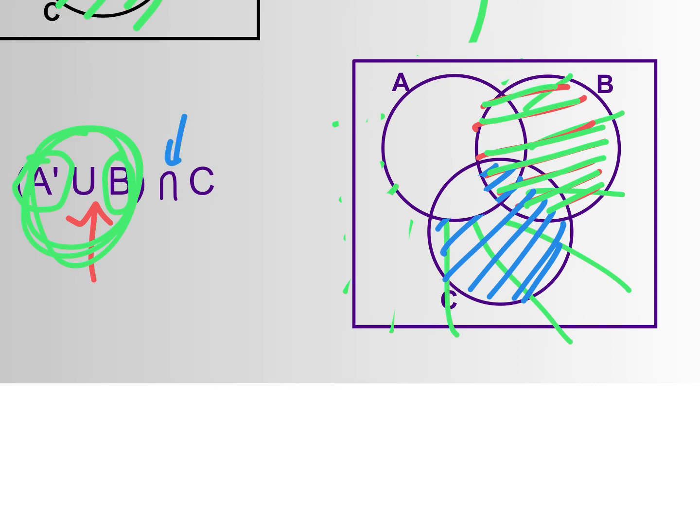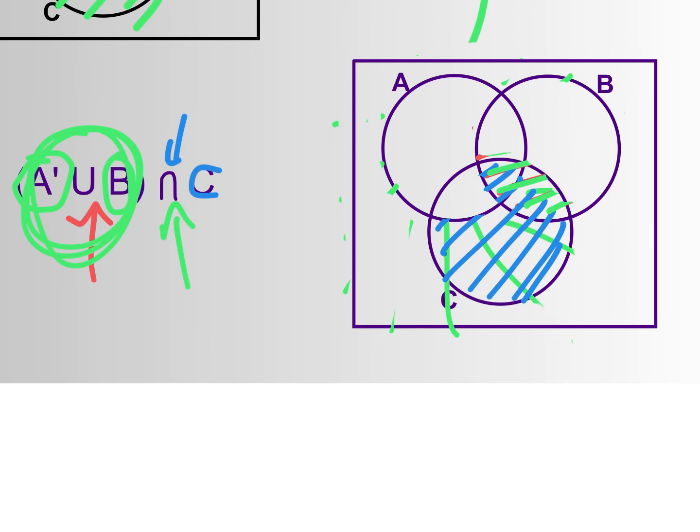This is an intersection with the C, which was blue. So it has to have blue in it, otherwise it can't be part of the answer. So this part gets erased because that didn't have any blue in it. And that's erased, and that's erased, and that's erased, and there is your final answer. It's like C with a little bite taken out of it.